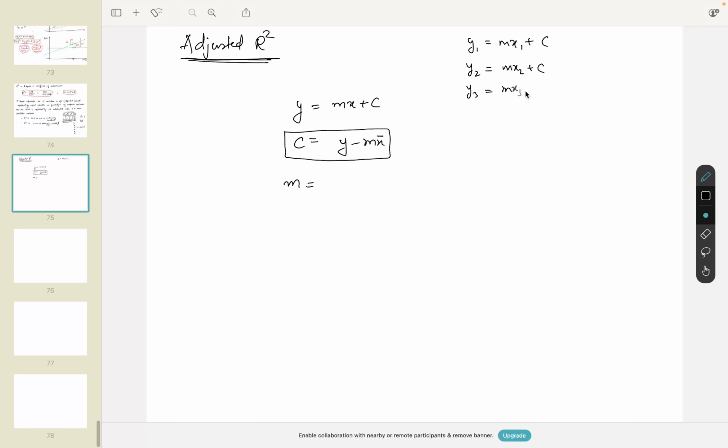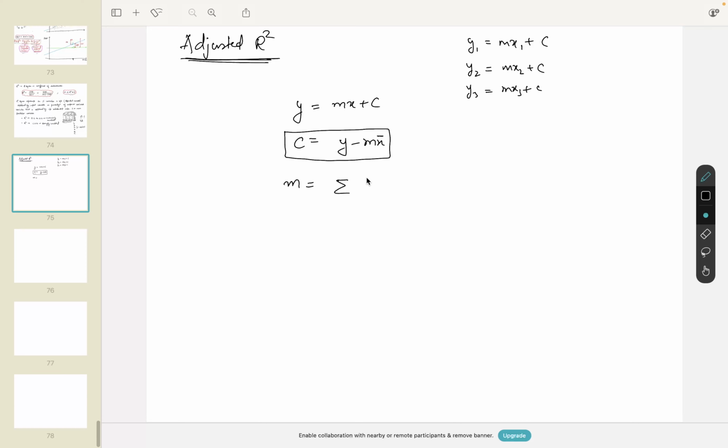Getting my point? So for different x, there will be different y. Similarly, this c will also be there. So c will be the constant. C is always constant. Remember? So for that one we will take y minus mx bar, and for the slope we'll do the summation.